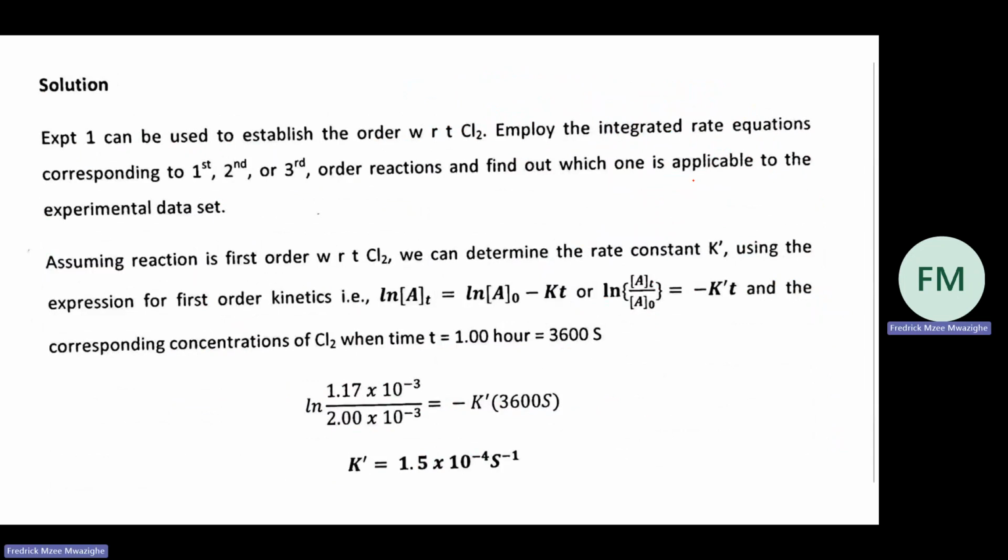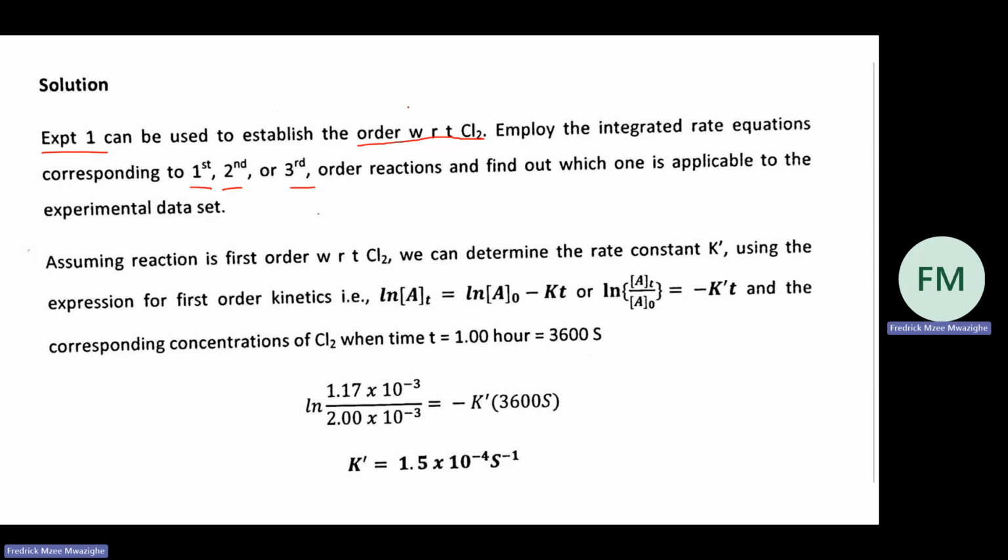For us to do that, we make certain assumptions. For example, when you want to establish the order with respect to chlorine using the data of experiment 1, we assume that it is first order, or second order, or third order with respect to chlorine, and then we use the expressions for those orders and try to see if our experimental data fits a certain expression.